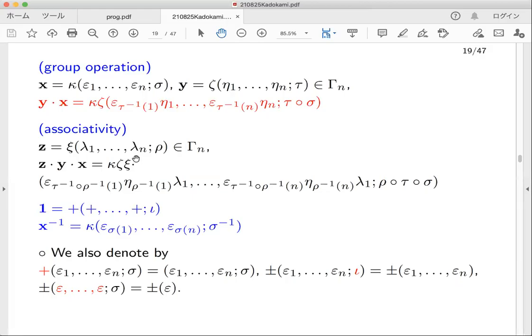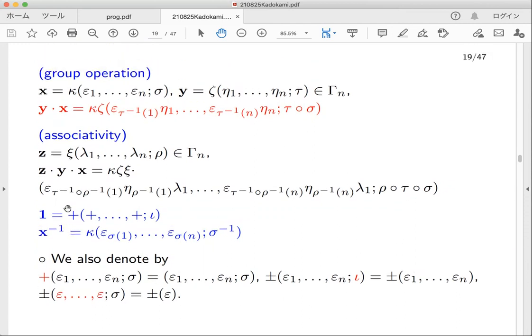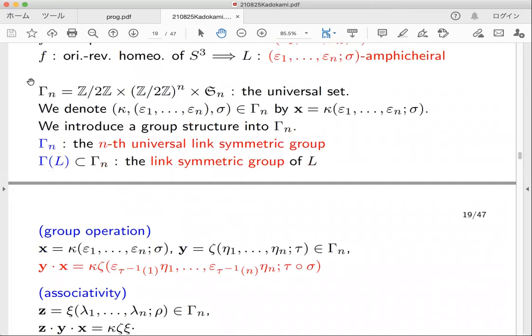Now we define this multiplication. It satisfies associativity, and this is the unit element, and this is the inverse element of X. So we can introduce a group structure to gamma n.